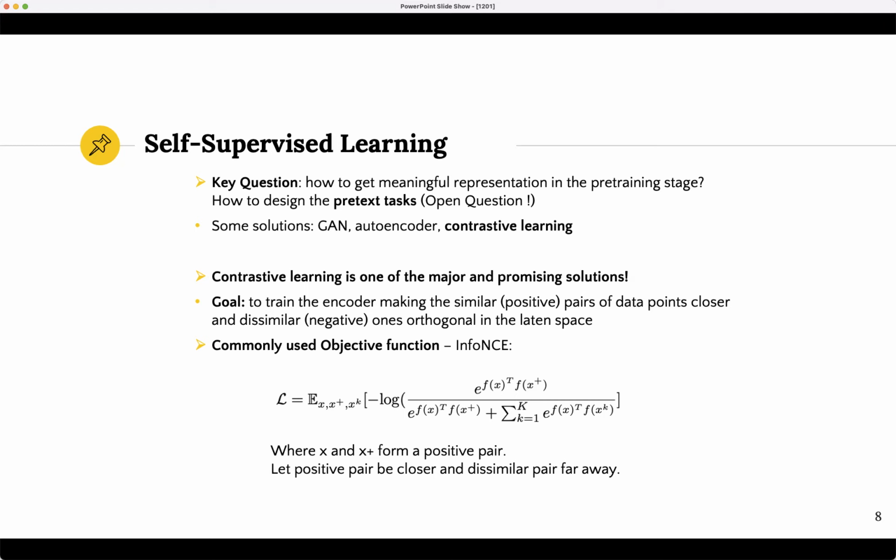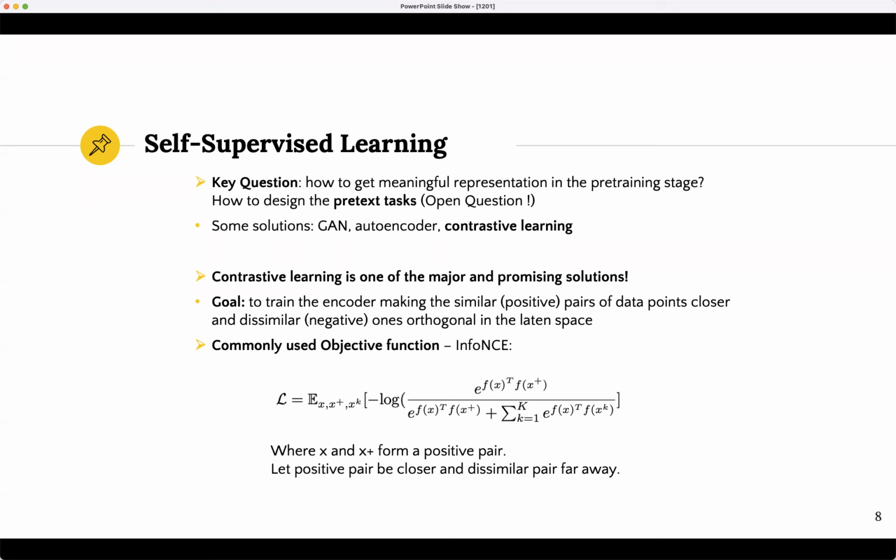The goal of it is to train the encoder, making the similar ones, which we also call positive pairs of data points, closer, and the dissimilar negative ones orthogonal in the latent space. Different methods in contrastive learning give us various ways to construct positive pairs and negative pairs. They generally use a very similar objective function called InfoNCE.